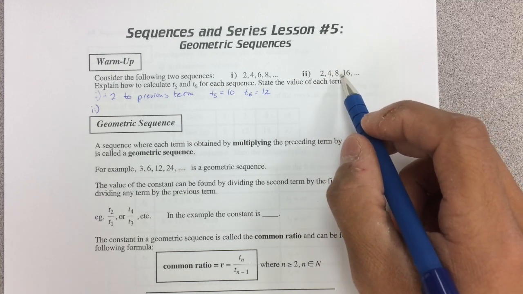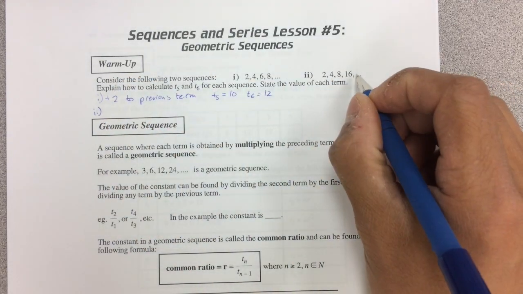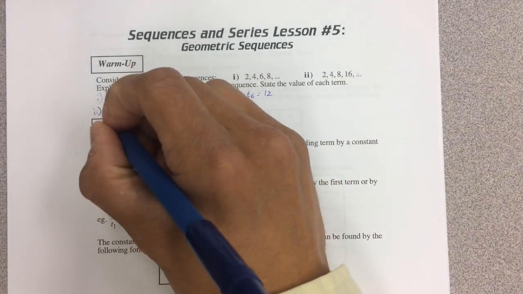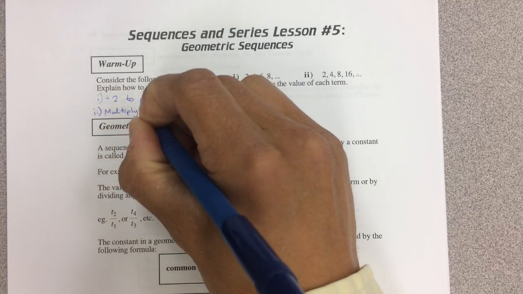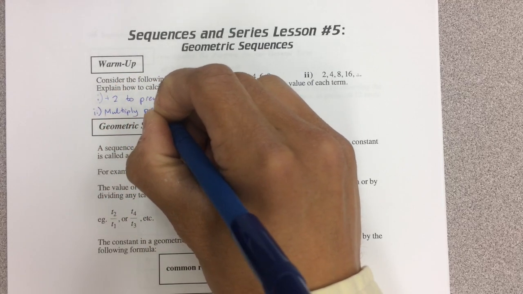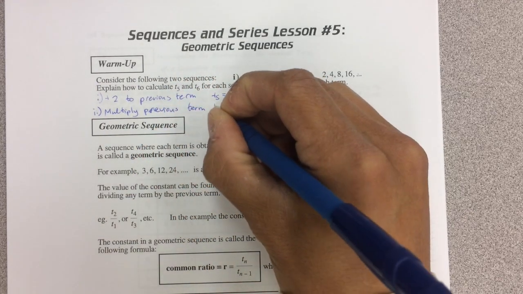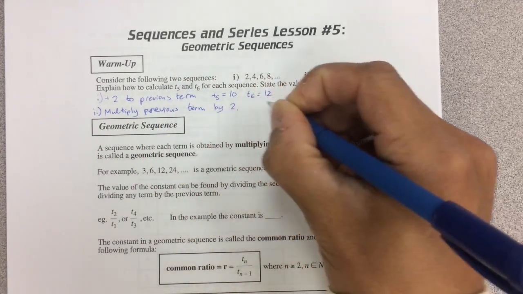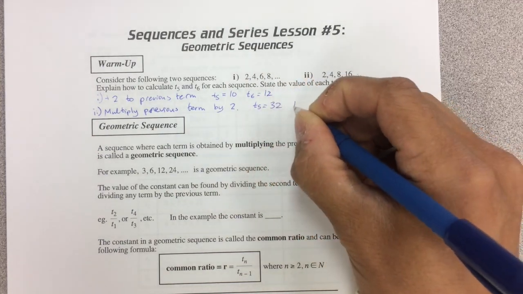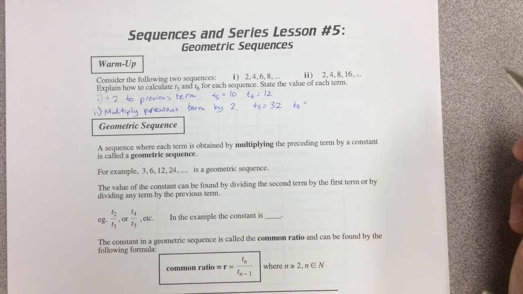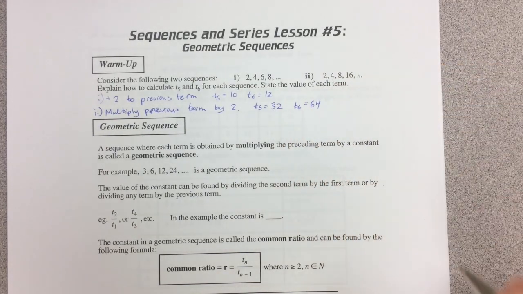For my fourth term, I multiplied 8 by 2, so for my fifth term I have to multiply by 2 as well. So multiply the previous term by 2. That means term 5 would equal 32, and term 6, if I multiply term 5 by 2, is going to equal 64.